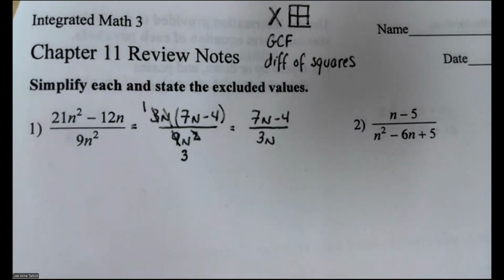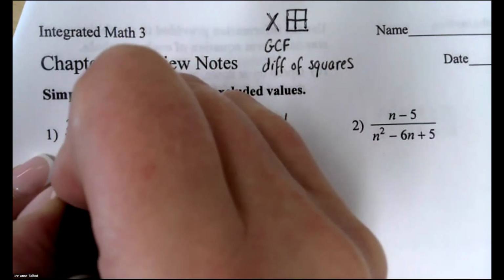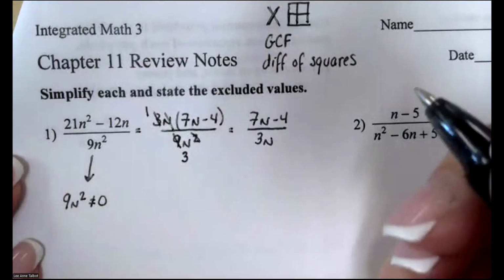And it says state the excluded values. So I'm going to go back to the original problem. 9N squared cannot equal 0.